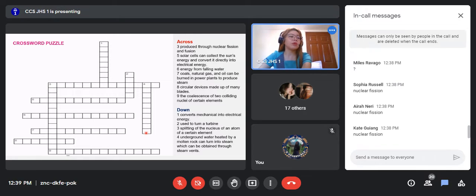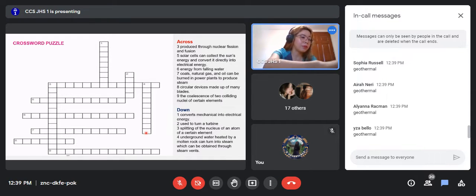Number 4. What is this? Underground water heated by a molten rock can turn into steam, which can be obtained through steam vents. Okay, we have answers from Sophia, Ira, Aliana, and Isa. That is correct. Geothermal. Okay, very good.